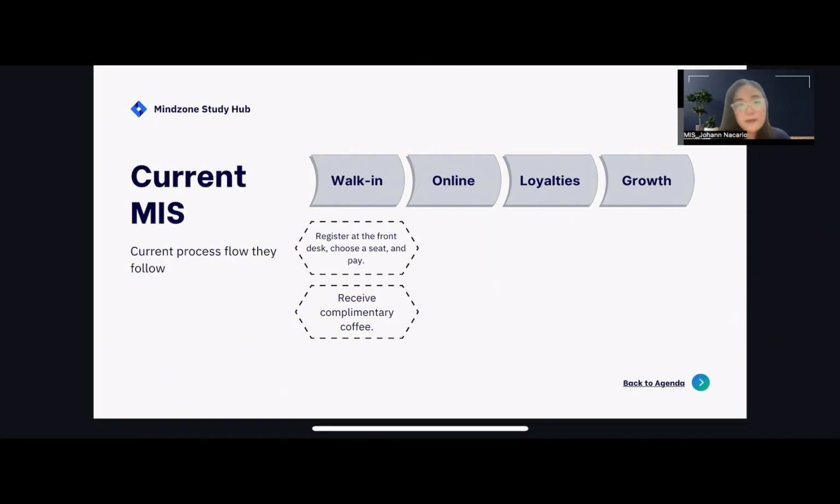And then after all the process, they will still need to log manually in their logbook. And then they will also need to pay the front desk. And once everything is done, they will receive their complimentary coffee.